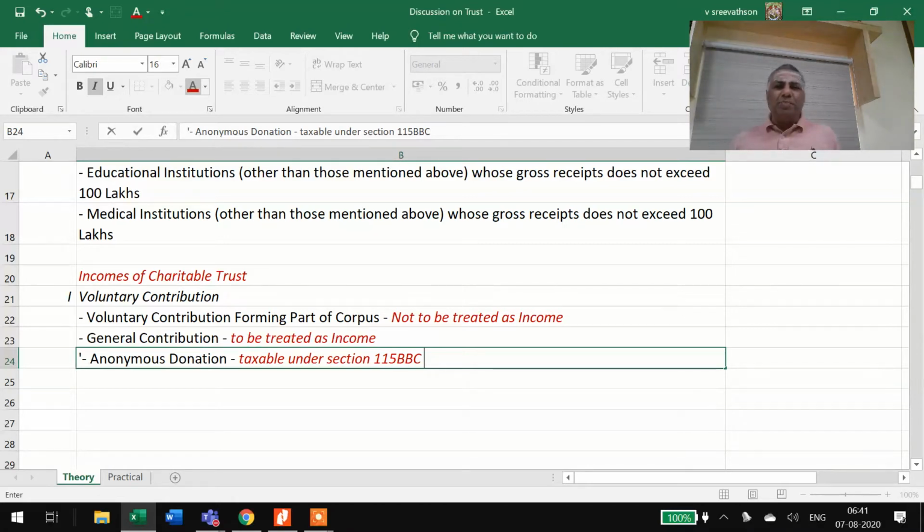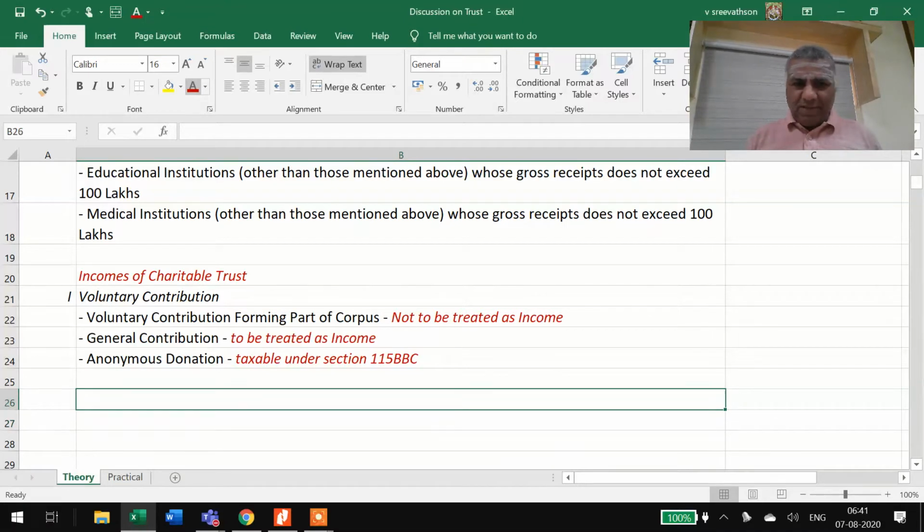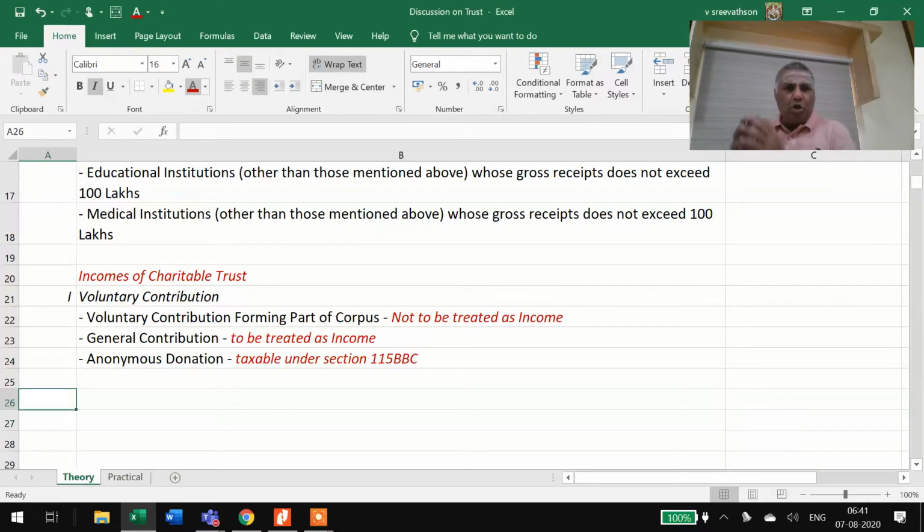It will have a special rate of taxation. We will see about this. So income will only be the general contribution.